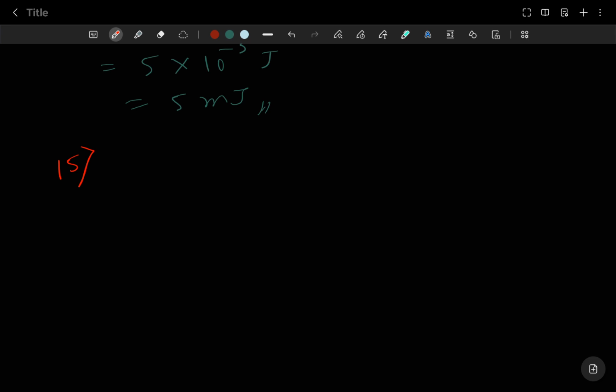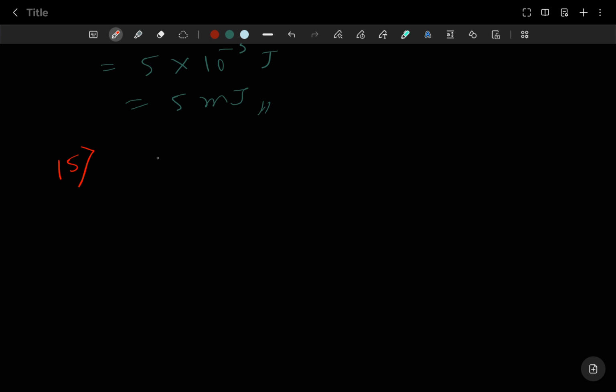Find the RMS current, the maximum instantaneous current in the resistor, that is the amplitude, and the time taken by the current to change from its maximum value to RMS value, from amplitude to RMS. It's sinusoidal AC.